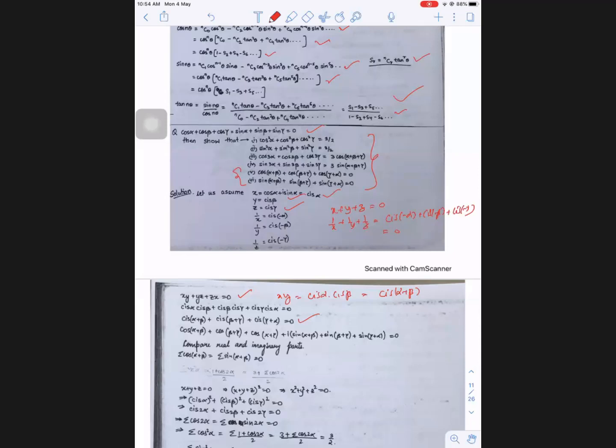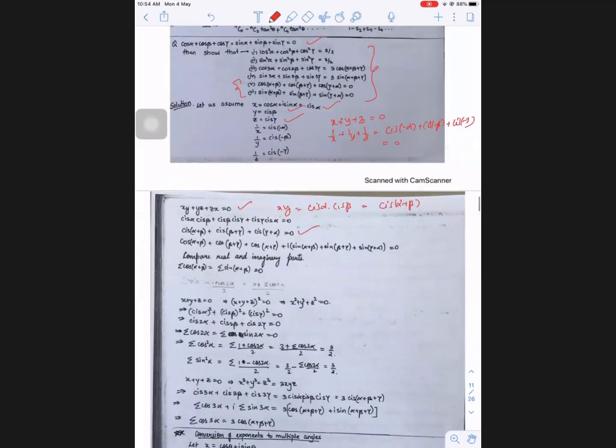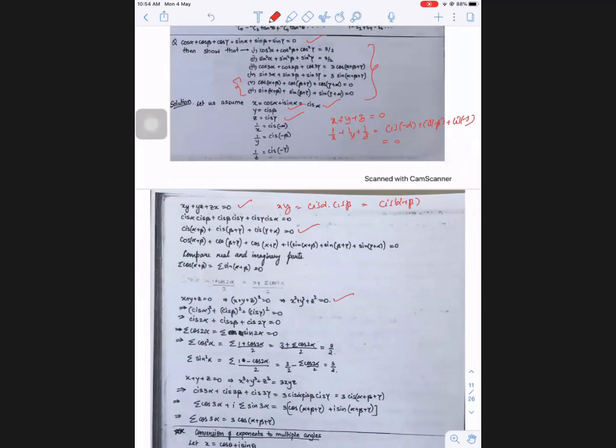Next, how to prove the first and second results, which are related to our x square formulas. Here, take x plus y plus z equal to 0. Then x plus y plus z whole square is also 0.